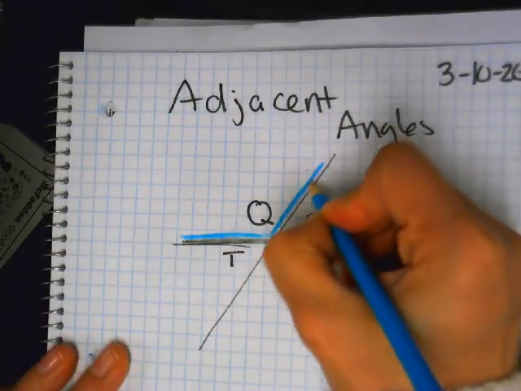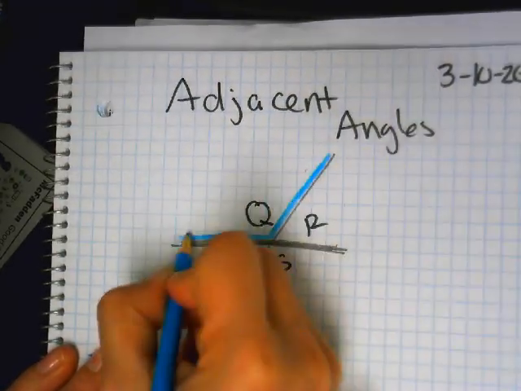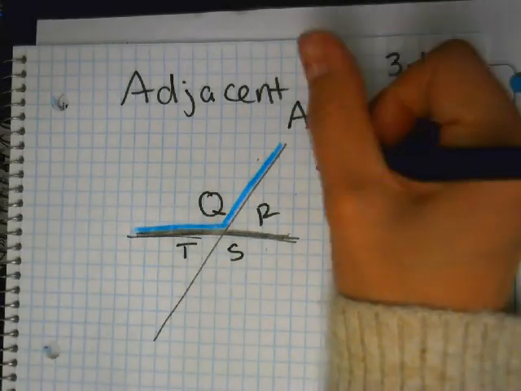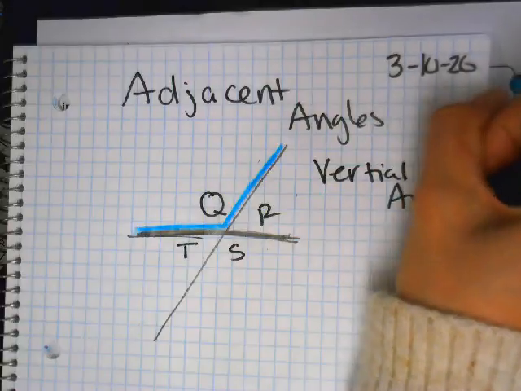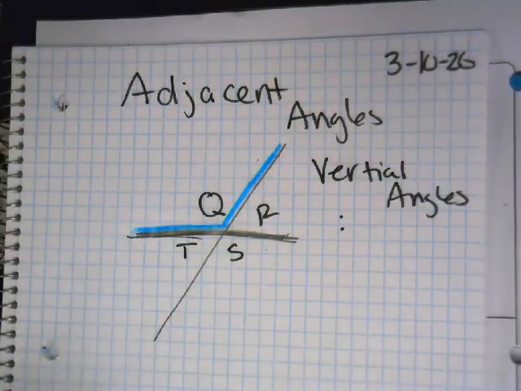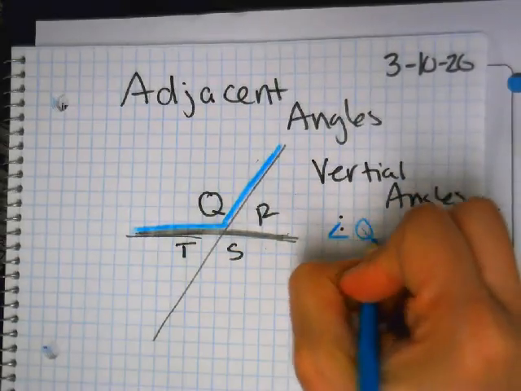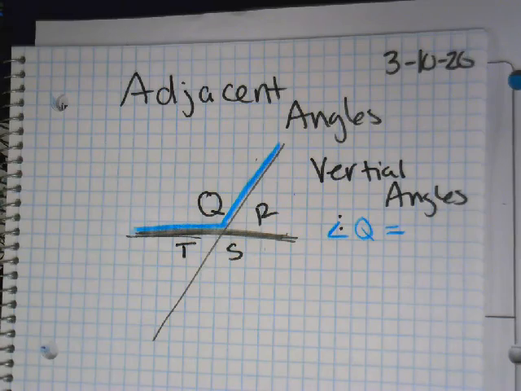Here's Q. I'm going to color it the color that's in my hand. Vertical angles. What are vertical angles? What angle is angle Q equal to?